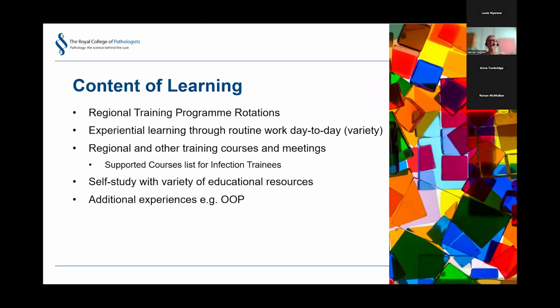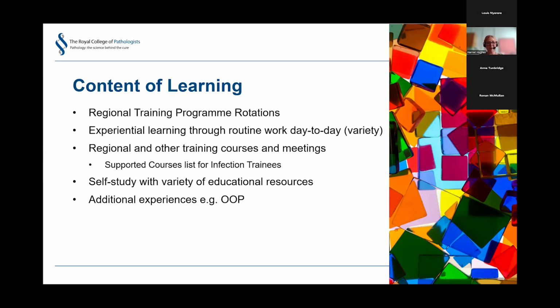With respect to the content of learning of training programmes, we recognise that there are regional differences in training programmes. That really depends on how infection services are organised in the area that you work. But in general, the experiences are very wide and varied, and overall, the curriculum outcomes can be achieved in a number of different ways.